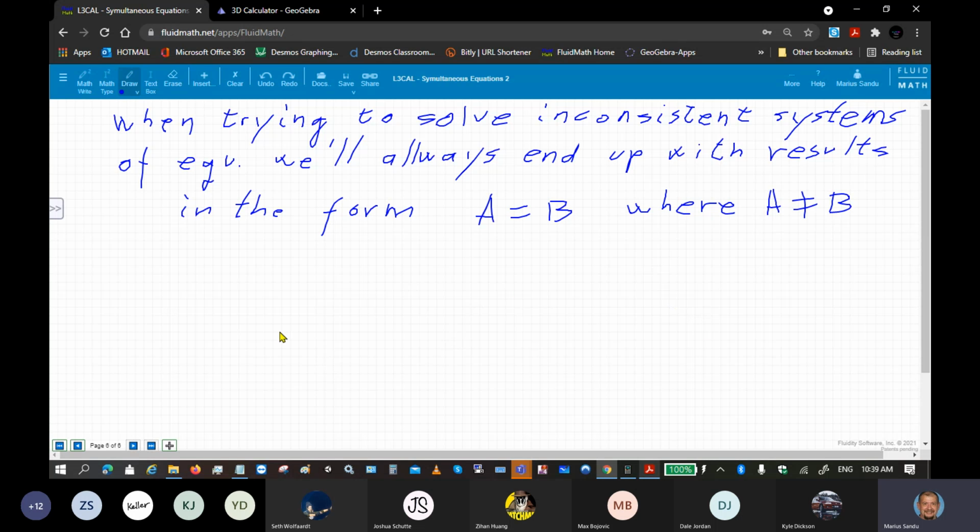So if you're trying to solve them either with your graphics calculator or manually by elimination, you'll end up with something looking like 0 equals 5, or 2021 is the same as 2020, when we know that they are not.